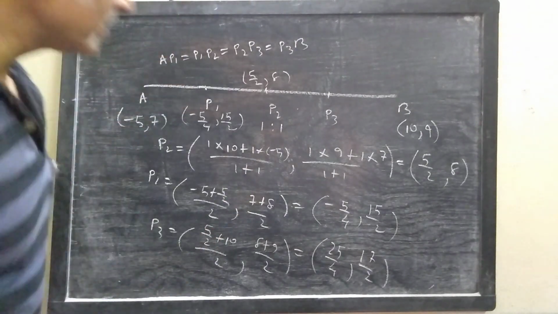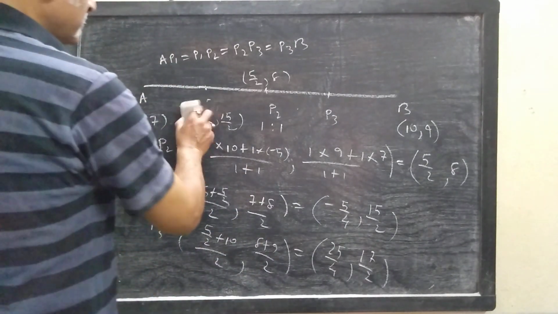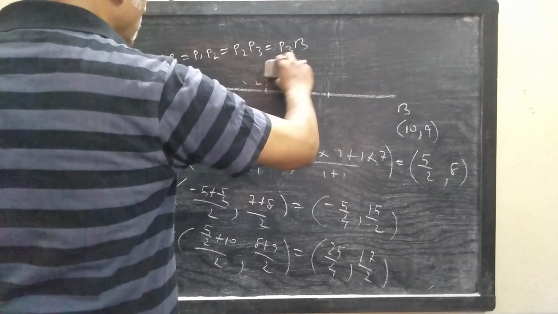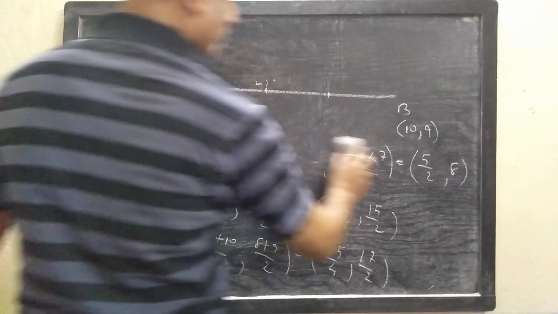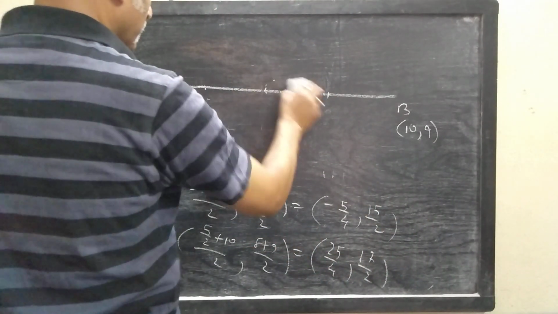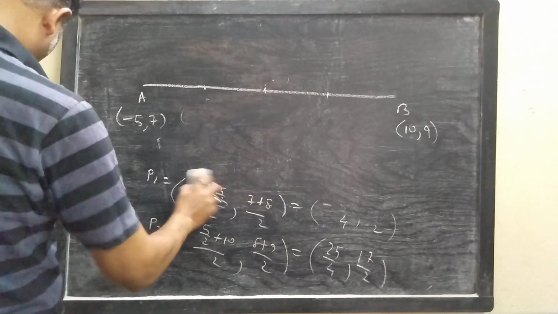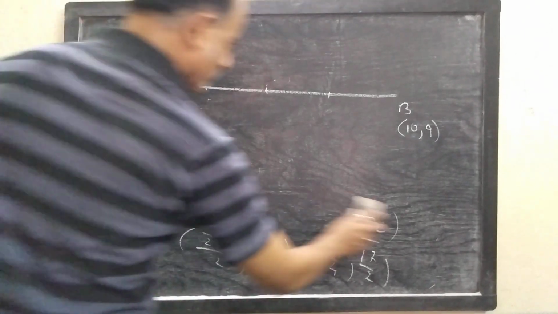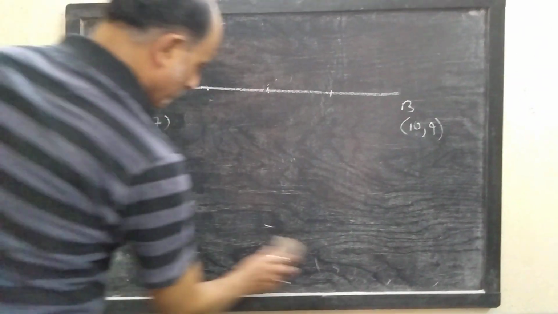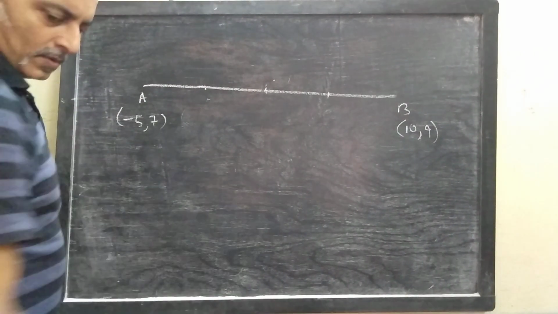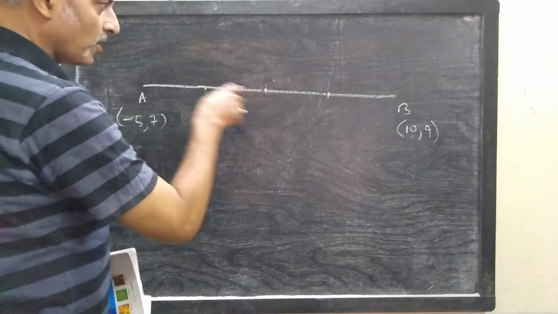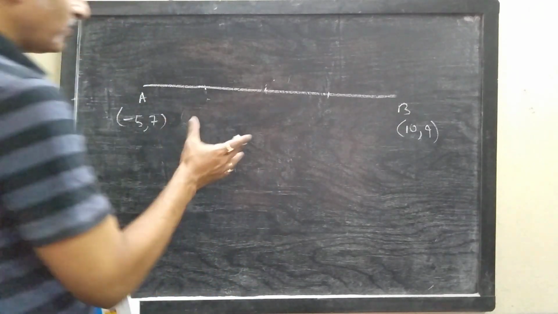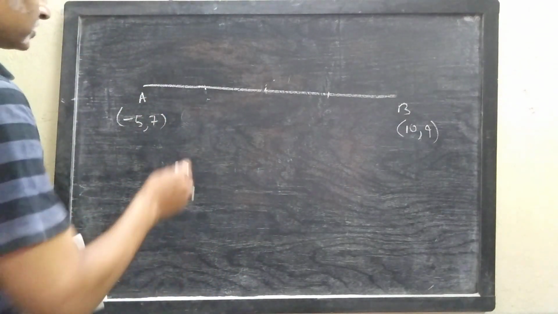Now, if there are 4 points lying between them, then how can we find this? Suppose there are 4 points. So if we plot 4 points between them, they will divide the line segment into 5 equal parts.